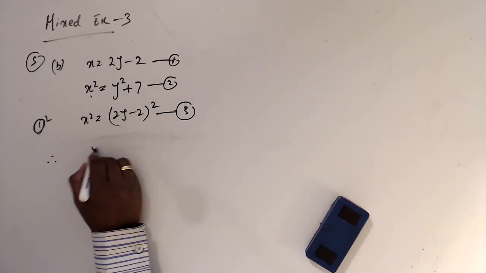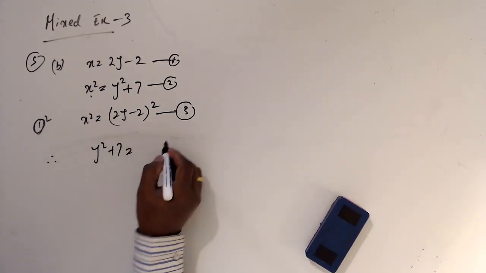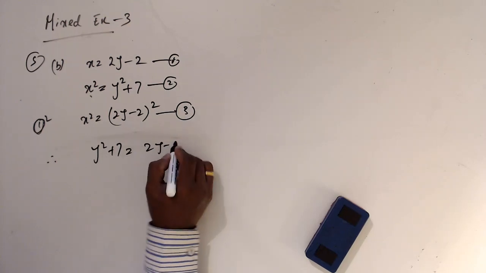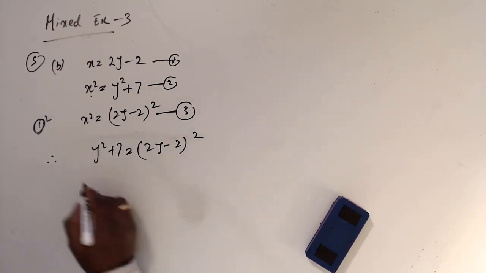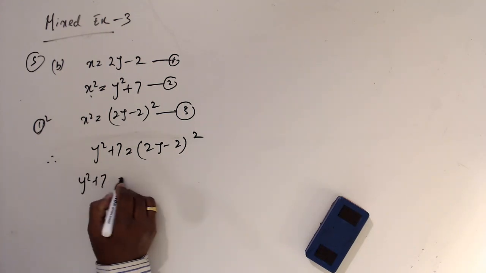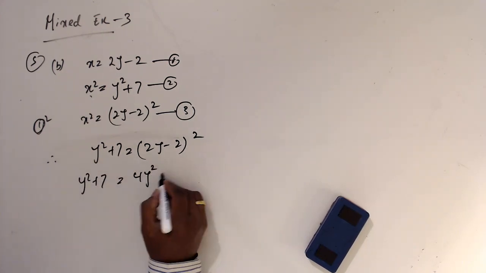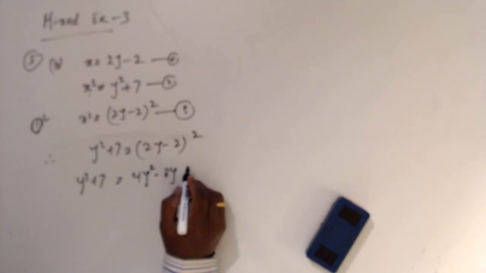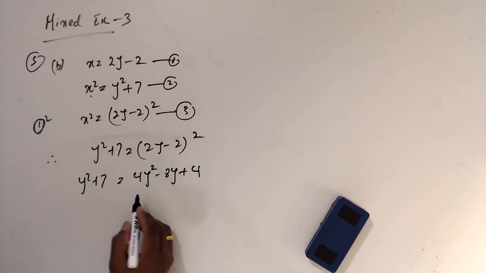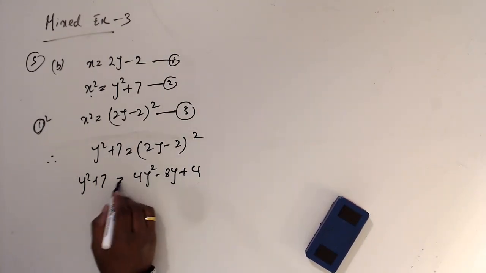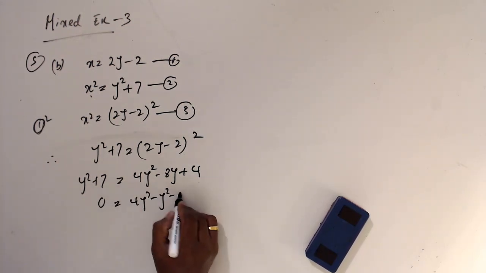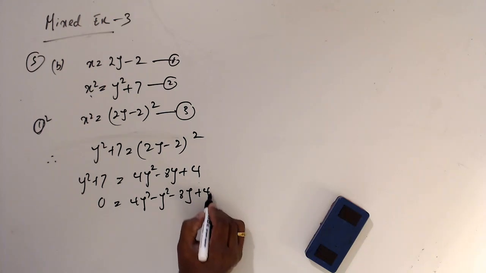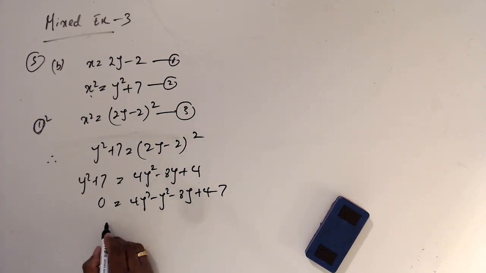Hence y squared plus 7 equals (2y minus 2) squared. y squared plus 7 equals 4y squared minus 8y plus 4. I'll bring everything to the other side: 0 equals 4y squared minus y squared minus 8y plus 4 minus 7.